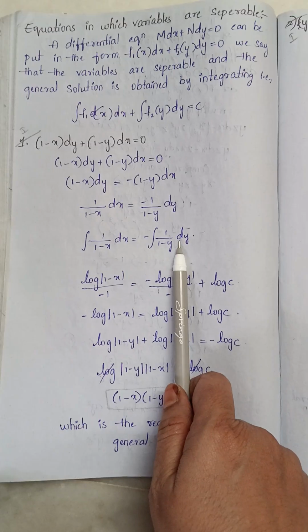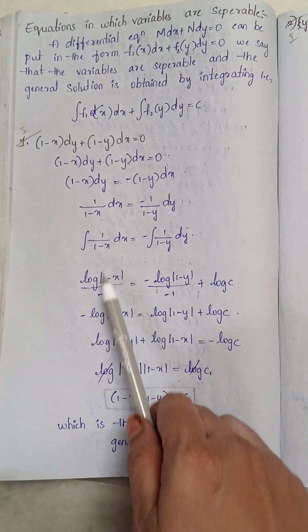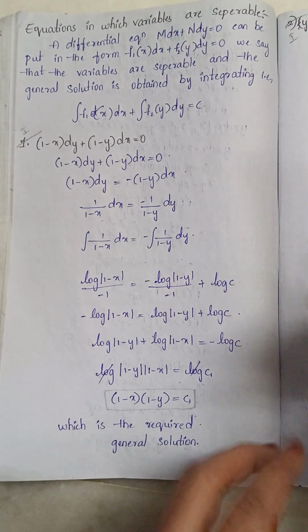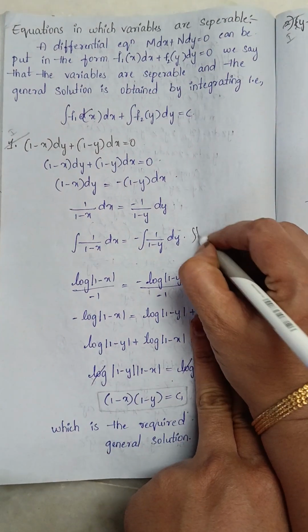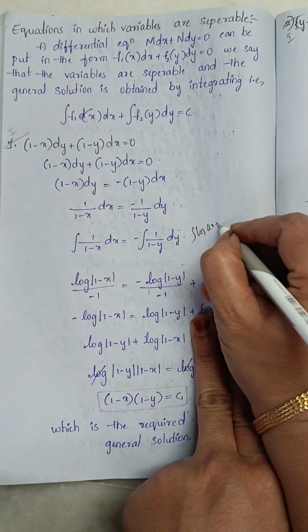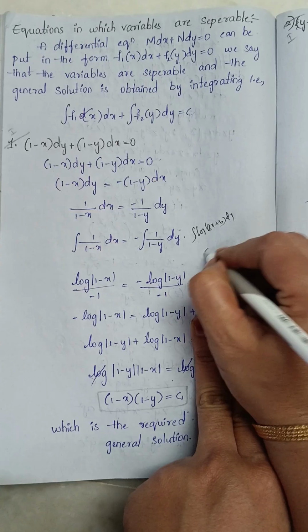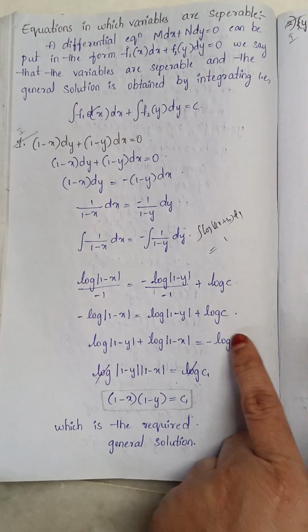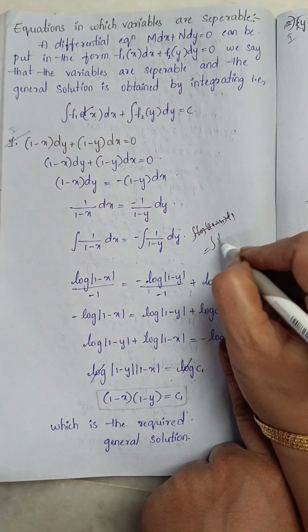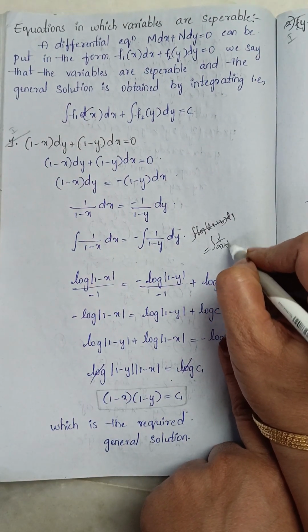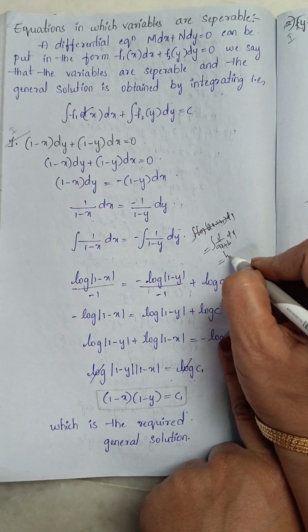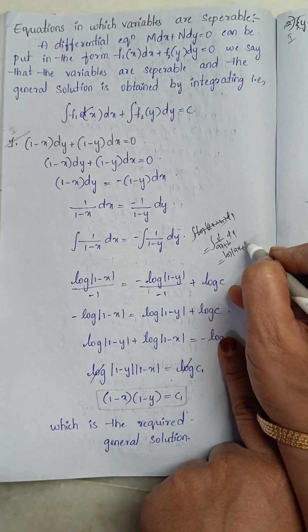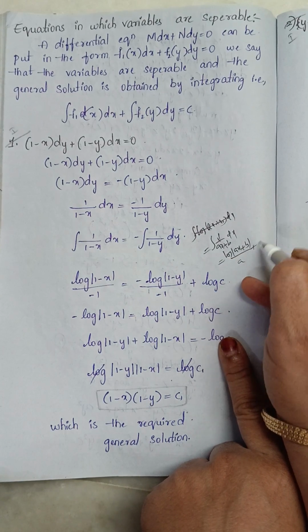Take the integration. Now, integration of 1 by ax plus b into dx is nothing but log mod ax plus b by a plus c.